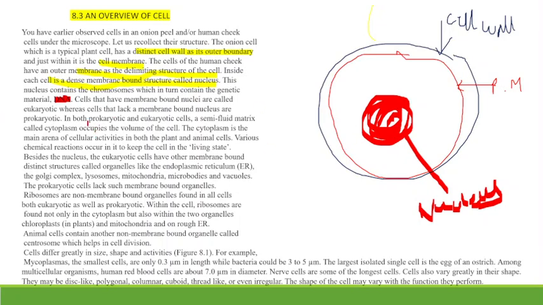as we have seen. In both prokaryotic and eukaryotic cells, a semi-fluid matrix called the cytoplasm occupies the volume of the cell.